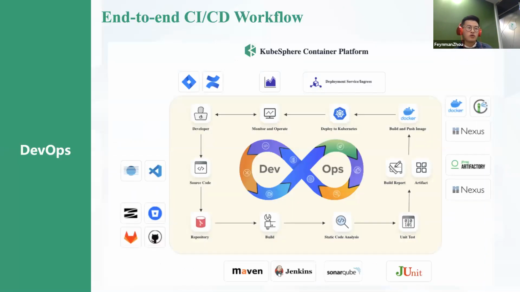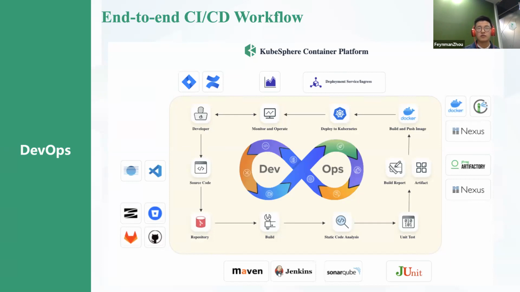KubeSphere DevOps is also a key feature of KubeSphere. It allows you to build an end-to-end CI/CD workflow. After my presentation, my colleague Rick will show you a demo of how to create a CI/CD pipeline using KubeSphere DevOps.